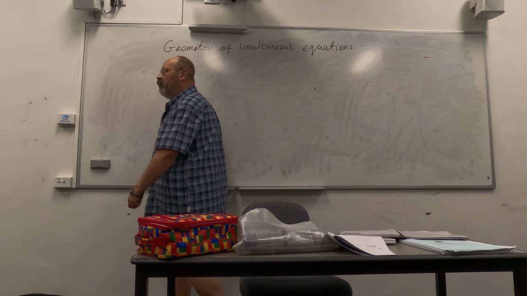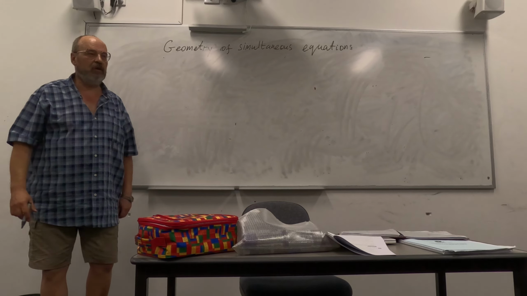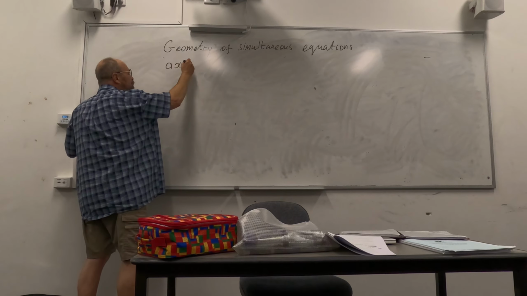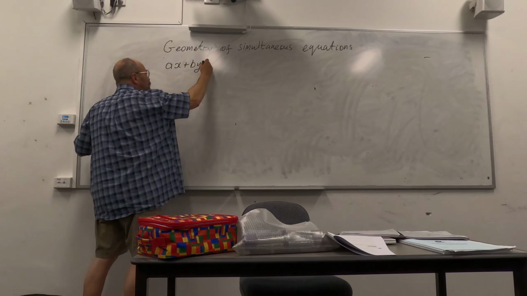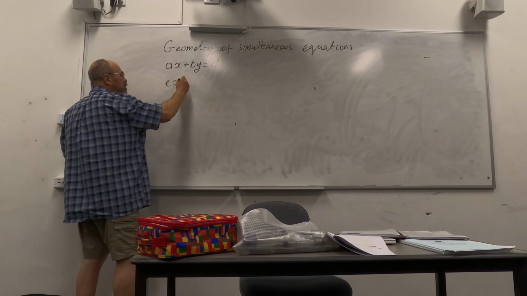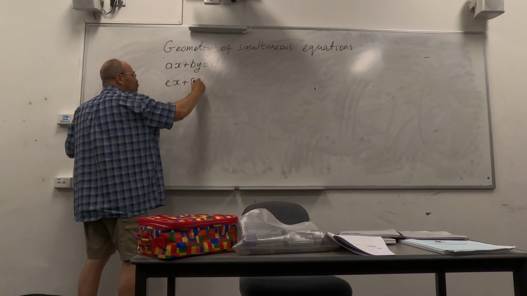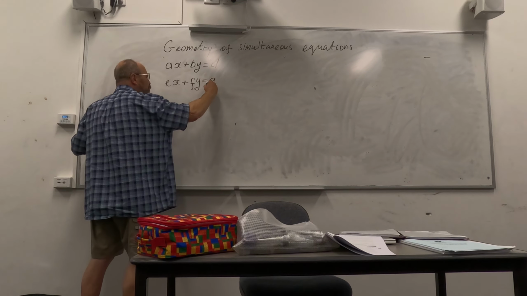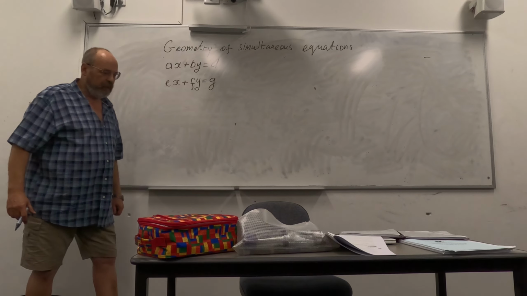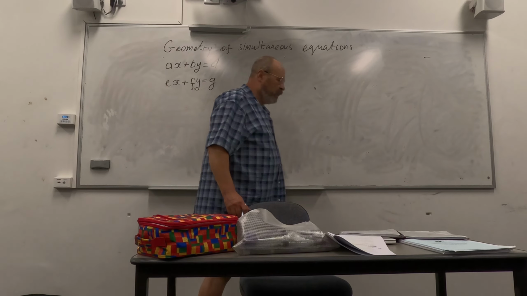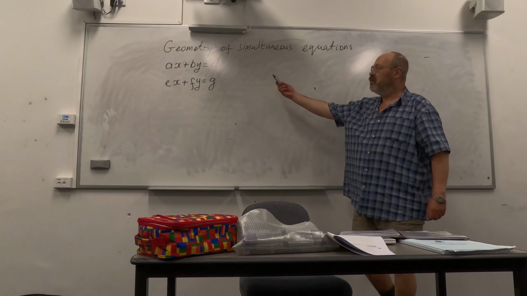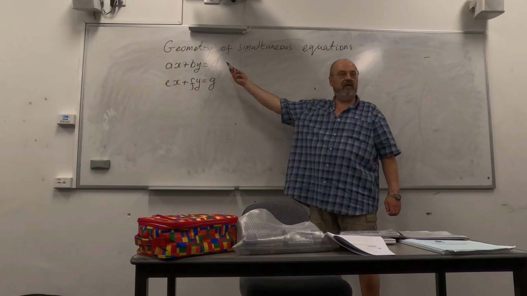So when we have two simultaneous equations, let's say ax plus by equals d and ex plus fy equals g, each simultaneous equation is a straight line graph.